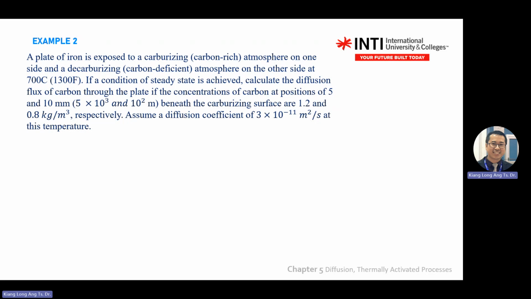D is 3 × 10⁻¹¹ meter squared per second. dC is a change of concentration. Right? Now, just now you see the graph is like that. This is C, this is X. So this is 0.1, this is 0.2. This is C1, this is C2. Then X1, X2.